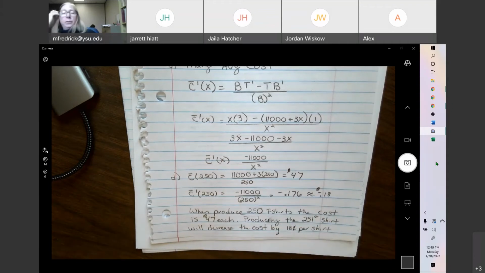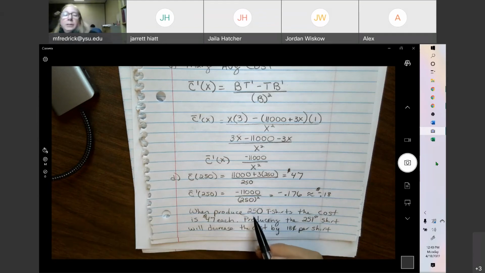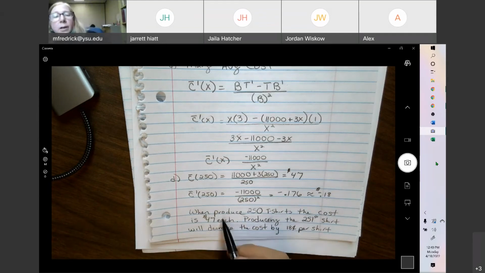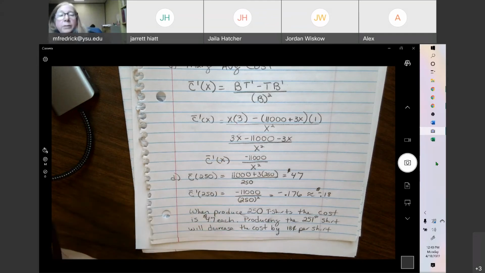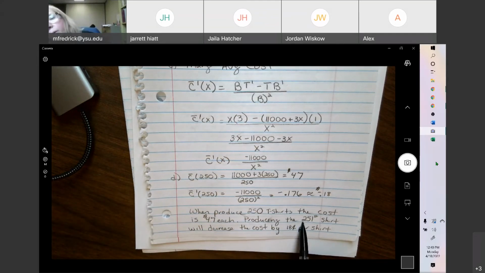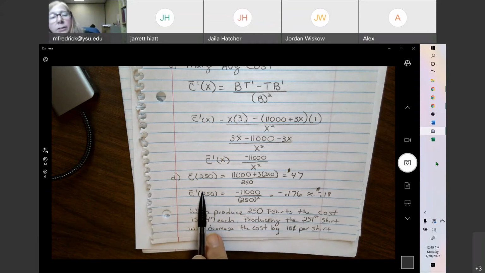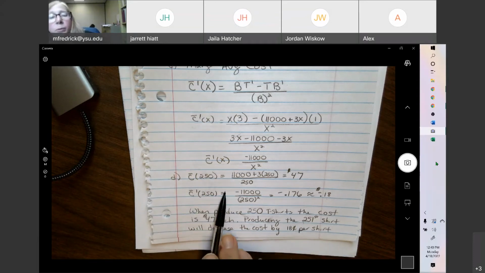Because we're working with average cost, it would be per shirt. So producing 250 shirts, it'll cost 47 each. That's what the average cost tells you, per item rather than total. Producing one more, because that's what rate of change tells you. We want one more.